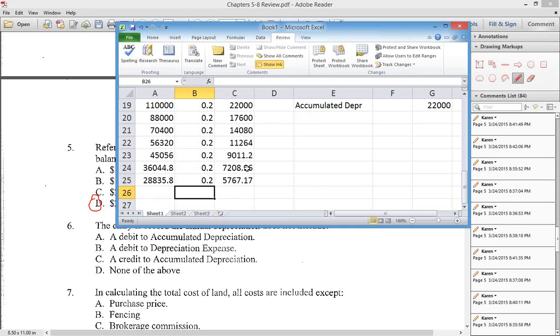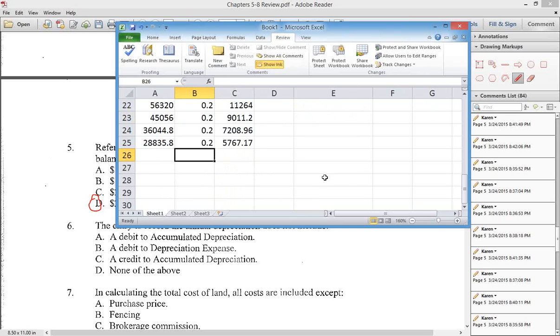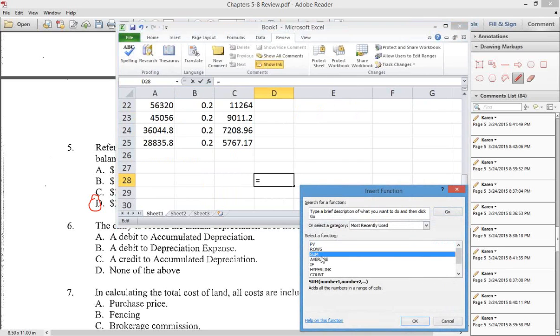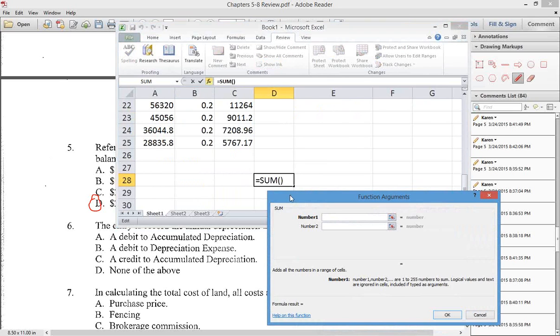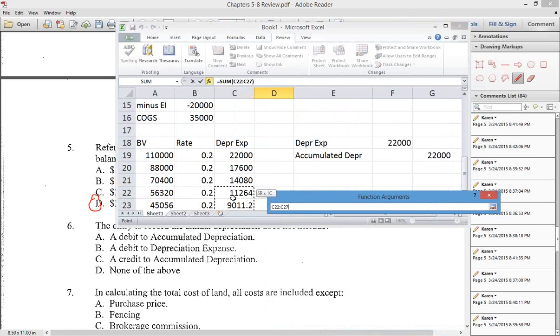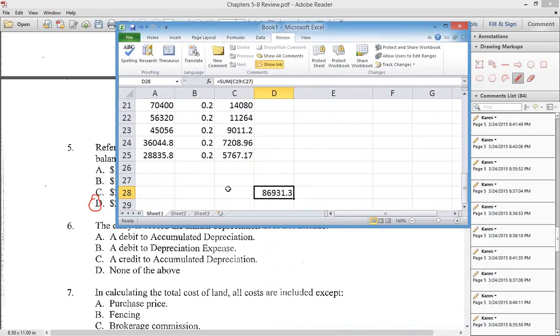I need to do a running sum. I want to just do something here.